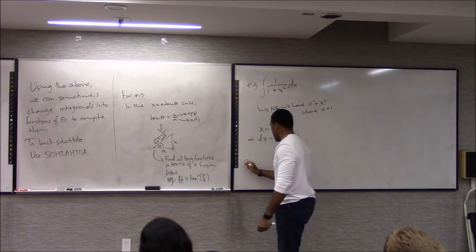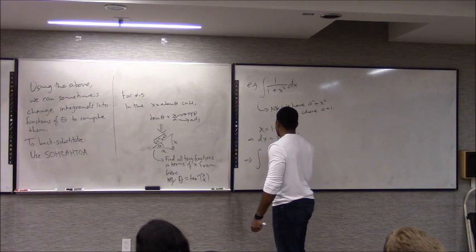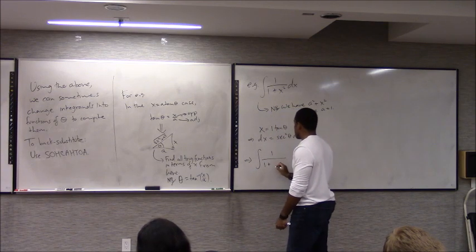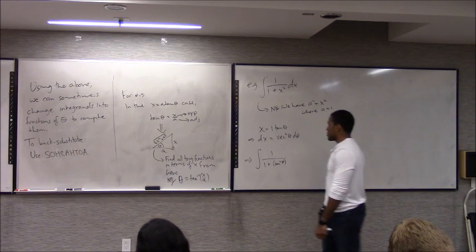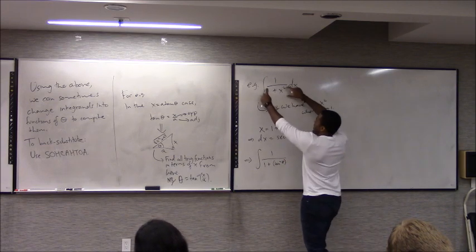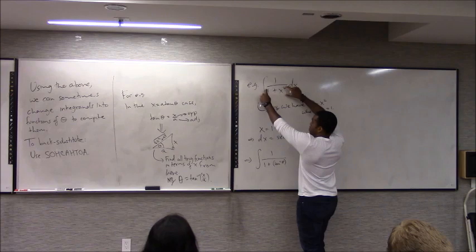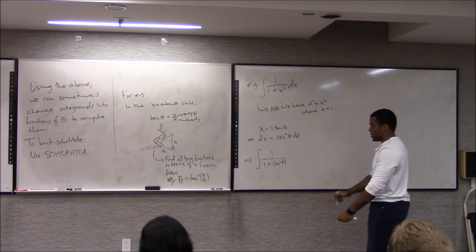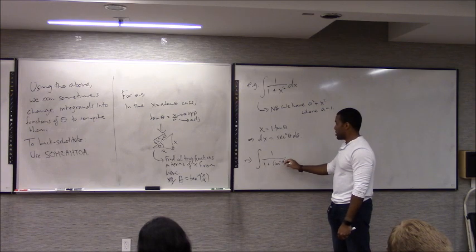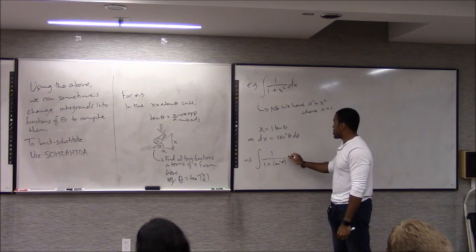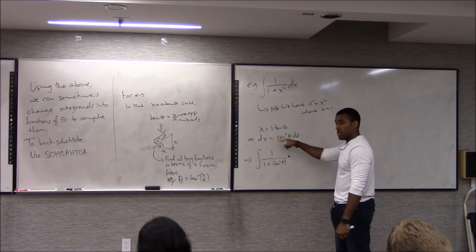And now I'm going to plug everybody in. So this is going to become 1 plus, well, over here this is tangent squared theta. But you can actually interchange this expression with secant squared theta right away. So x gets replaced by tangent, and the dx gets replaced by this entire thing.